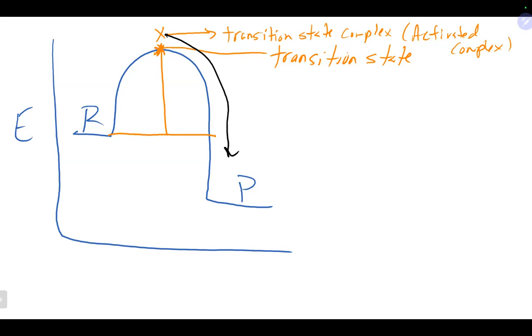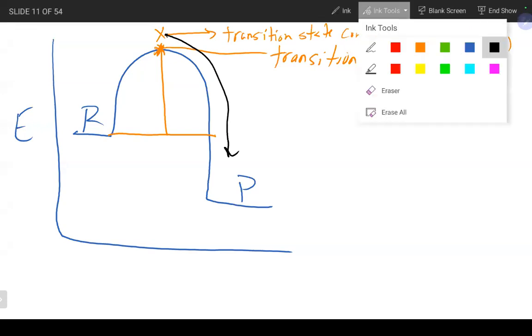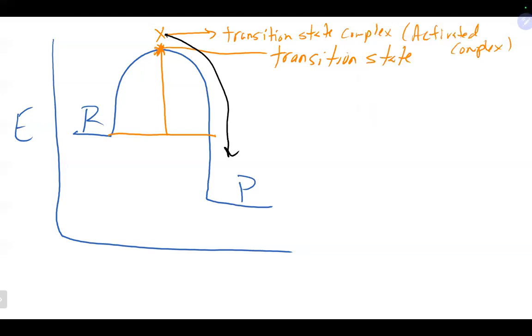So as this reaction progresses, what's happening here as the reactants start to climb this hill of energy, what we start to see is our reactants are starting to break some bonds, and they're also starting to, at the same time, make some bonds.